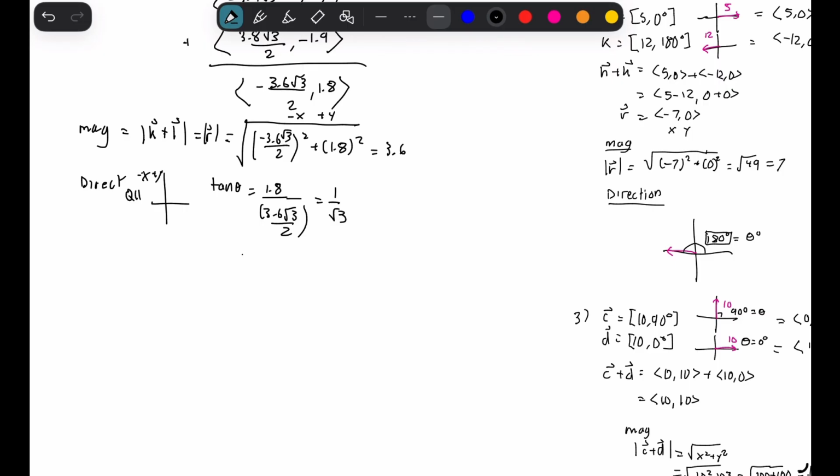So that means that the reference would be 30 degrees. Since we're in Q2, you have to subtract it from 180. So the actual angle is 150 degrees. Because here, you're just going to have an angle right here, 30, but you need that 150 from positive x.